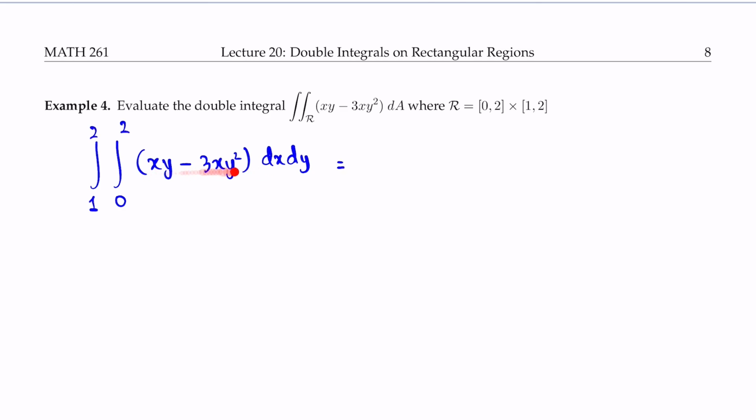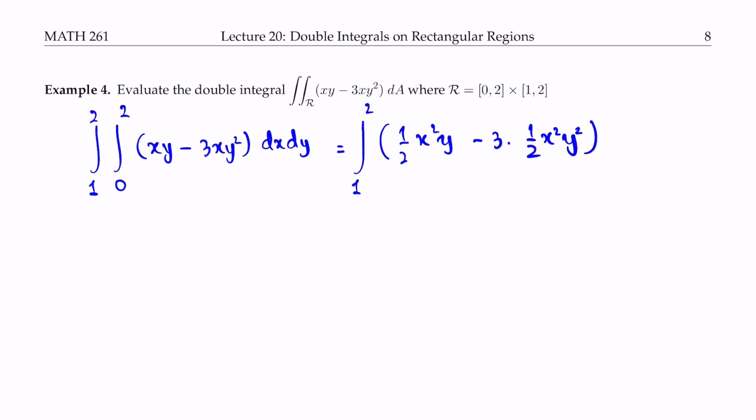Because we evaluate the inner integral first with respect to x, what you do is you treat y as a constant, and you get the integral from 1 to 2 of 1/2 x squared times y minus 3 times 1/2 x squared times y squared dy.